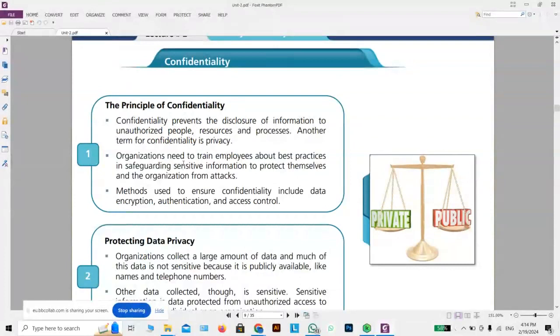So confidentiality involves keeping sensitive data private and safe from unauthorized access. It includes protecting information from bad actors with malicious intent, as well as limiting access to only authorized individuals within an organization. For example, students never want their parents to know about their grades. So the teacher can only see the grades.